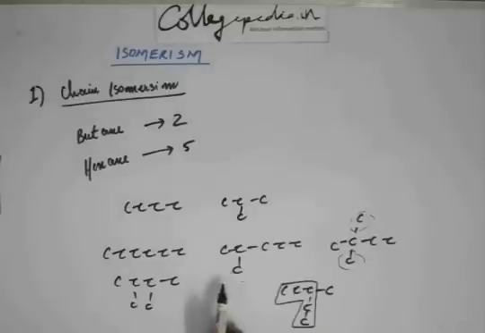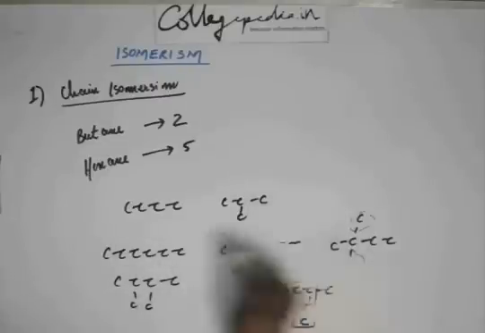In iso you have a methyl group on the second carbon. So it's a new structure. So altogether you have 5. I hope this is all that can be possible. So these are the 5 isomers possible for hexane. Fine. So these are chain isomers of hexane.